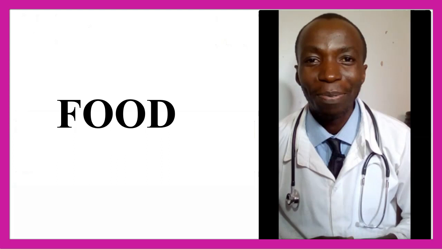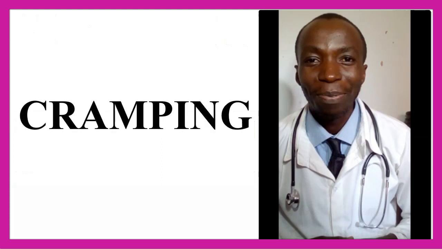So we shall go to our next difference between premenstrual syndrome and pregnancy. Cramping. When a woman is about to see her periods, or in premenstrual syndrome, there's cramping. This is abdominal pain. It's also called dysmenorrhea, or pain during your periods.